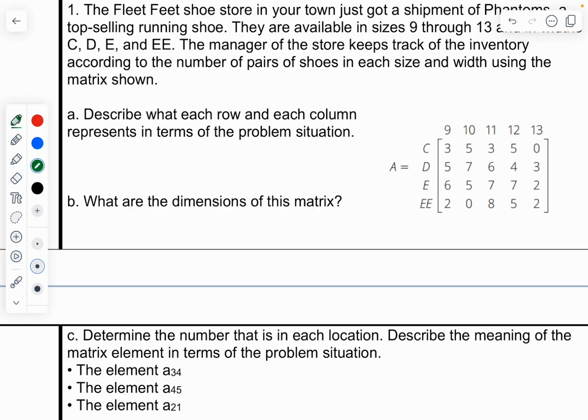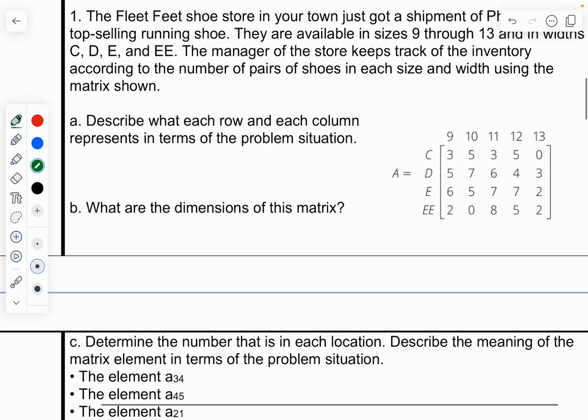So look at this. What do our columns represent? Or let's start with our rows. What do our rows represent? Remember, these represent our rows. So our rows are showing how many shoes are in each width. Let's write that out.